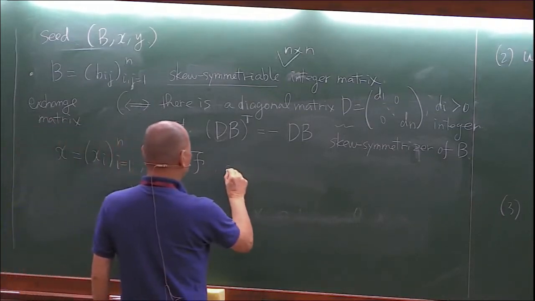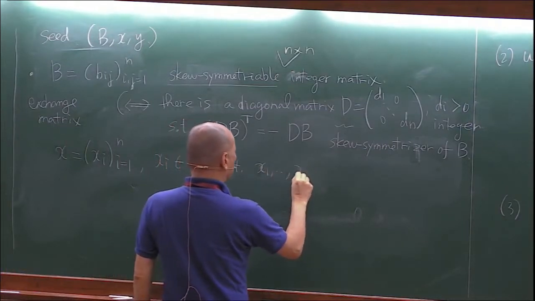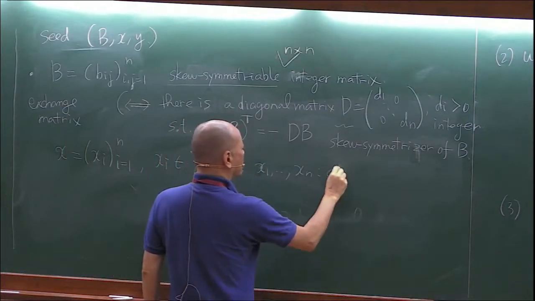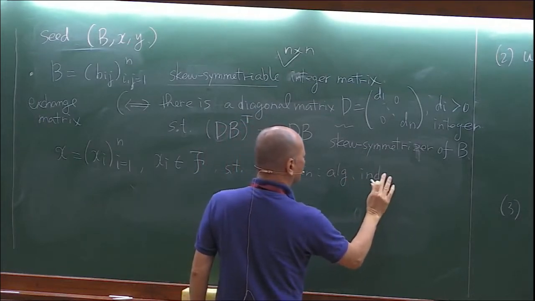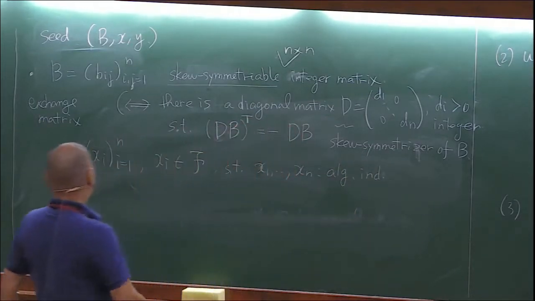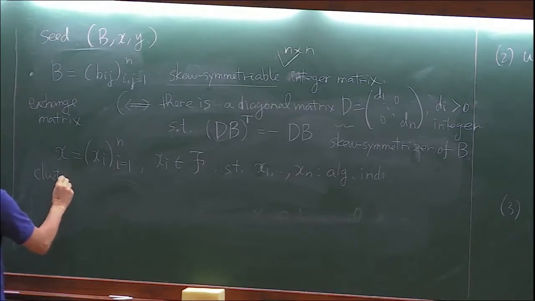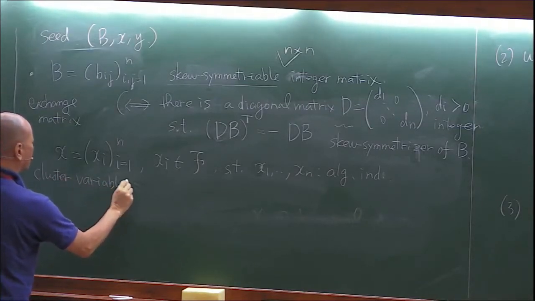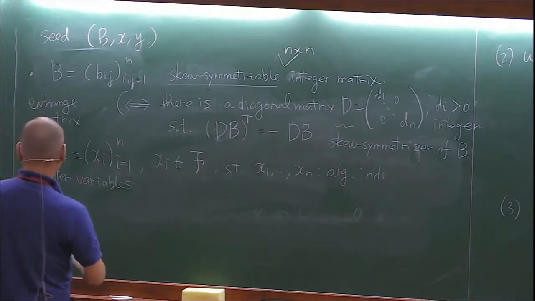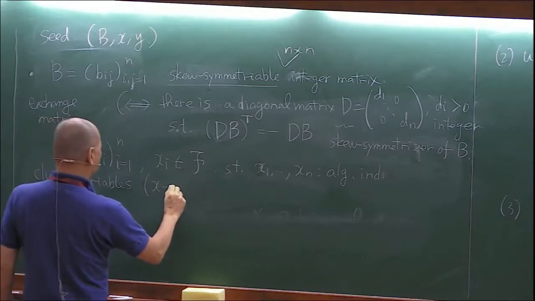Such that x1 to xn, by some technical assumption, are algebraically independent. And this x is called the cluster variables. In my talk, I simply call this the x variable.